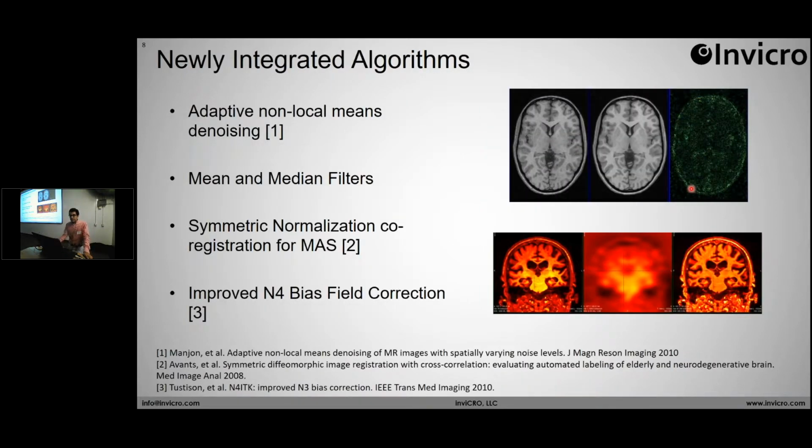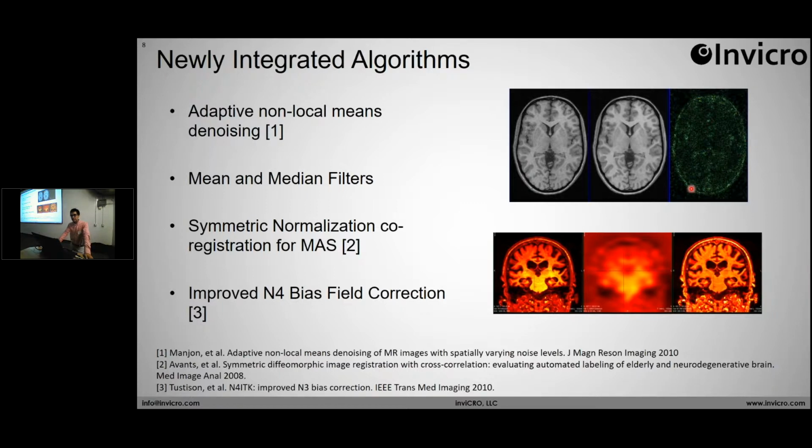We've integrated some new methods. So in the filtering operator, these might be things that you've heard of. If not, I highly recommend checking them out. We're doing a series of blog posts on them in our NVCRO blog.